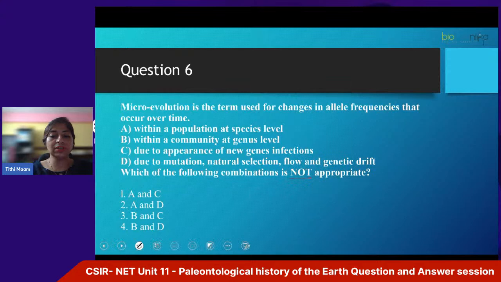This type of statement based questions are kind of easy, but the only thing you have to notice and highlight is whether you have to select the correct statements or the incorrect statements. So tell me guys, in this, what type of statement you have to choose? Something that explains microevolution correctly or something that explains microevolution incorrectly?